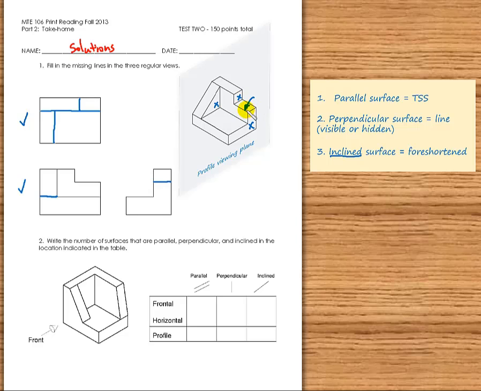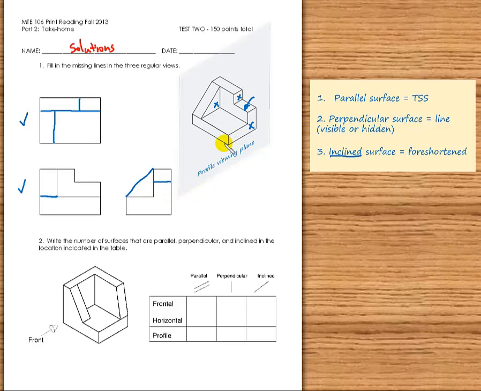This perpendicular surface interrupts the two parallel surfaces, and we see that with a line here in the right side view. So that accounts for this surface and this surface, but this triangular surface is parallel to the profile viewing plane, and so it should appear true size and shape in the right side view. It should appear as a triangle. So this line is missing.